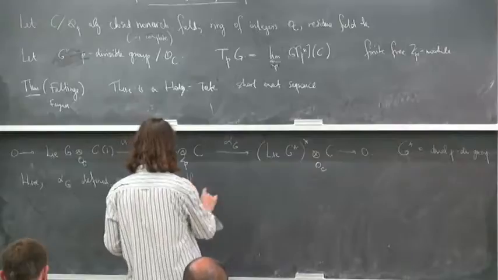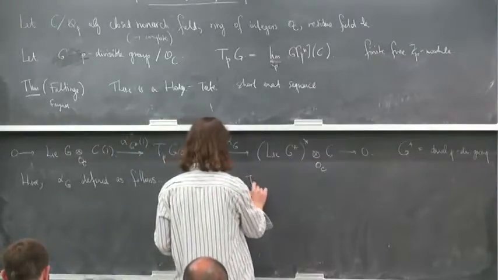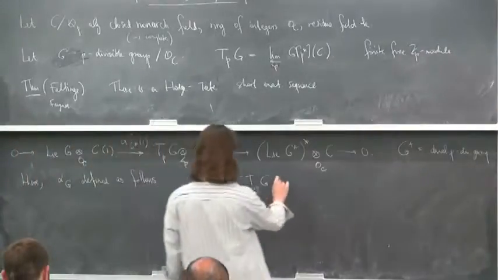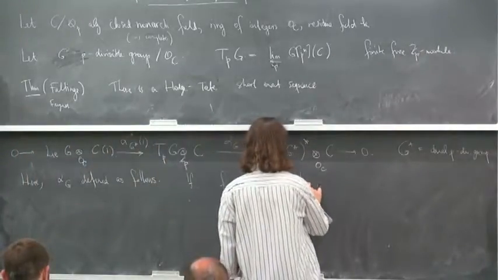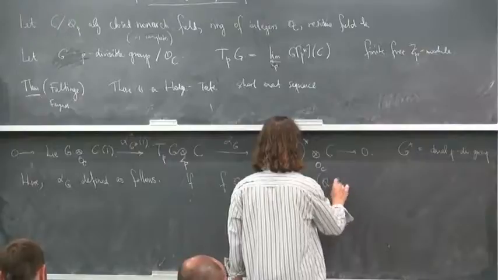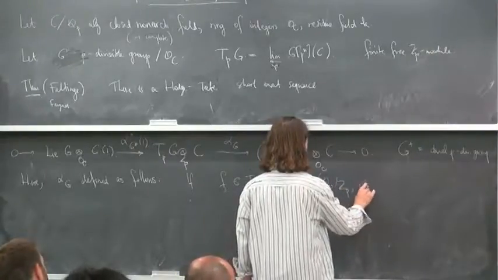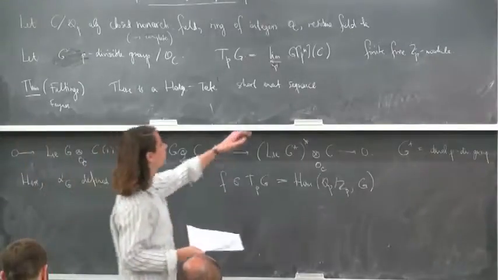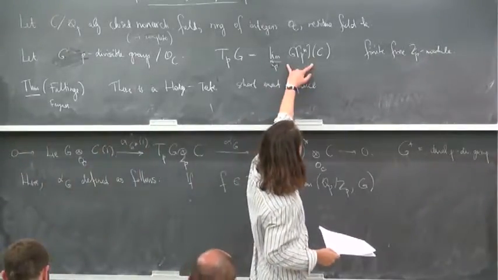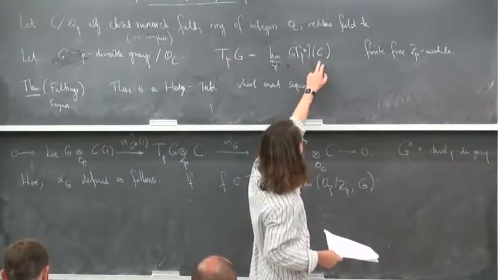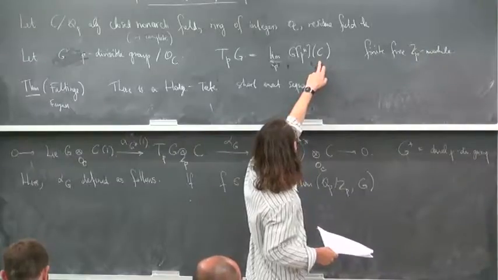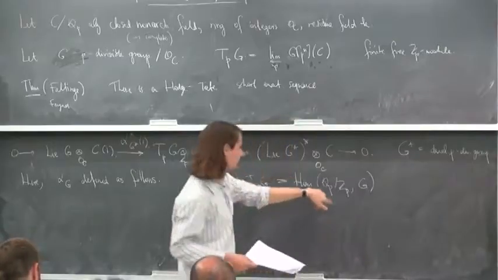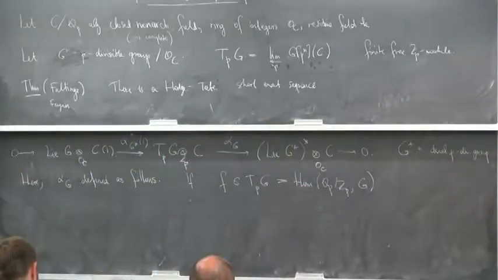If you have an element in the Tate module, you can also think of the Tate module as being maps of p-divisible groups from Q_p/Z_p to G. Because any section over C of this finite group scheme actually extends to O_C. So the sections over C are the same as over O_C. And that's the same as a map from Z/p^n Z into your group G. And then assembling them, you get a map from Q_p/Z_p into G.